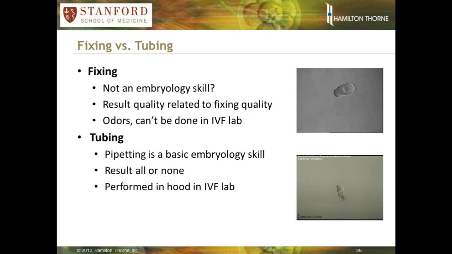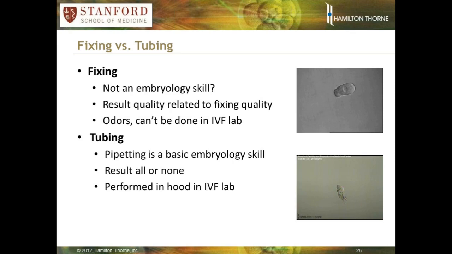Certainly it wasn't something that I grew up with in the field, and it's a skill that I had to acquire. There are several problems with fixing, and this may be beating a dead horse because most of us have moved on from this. However, it does provide an opportunity for certain types of genotypes, if you will, for sex-linked diseases and things of that nature.